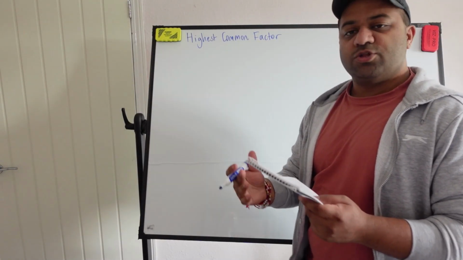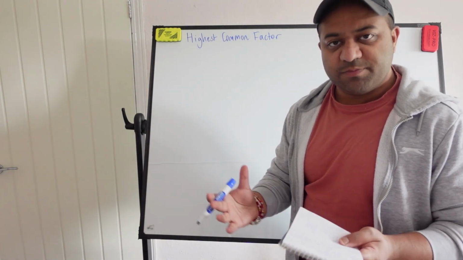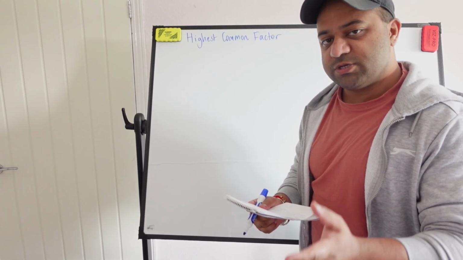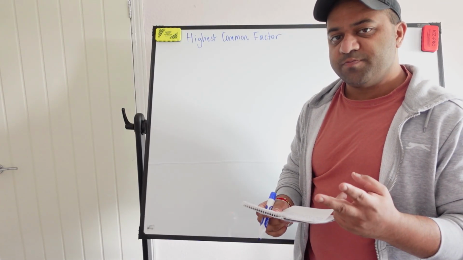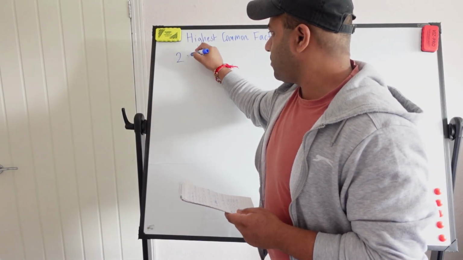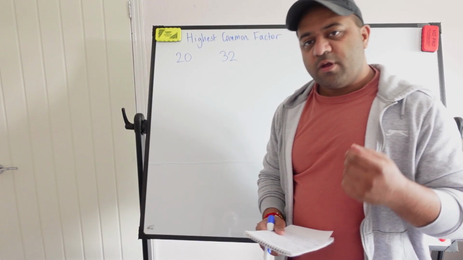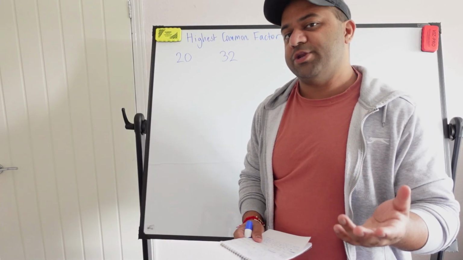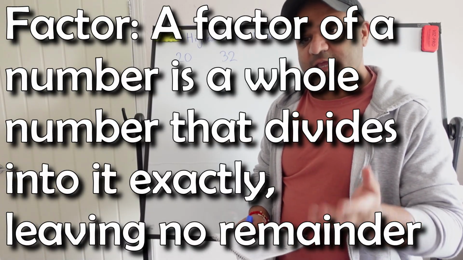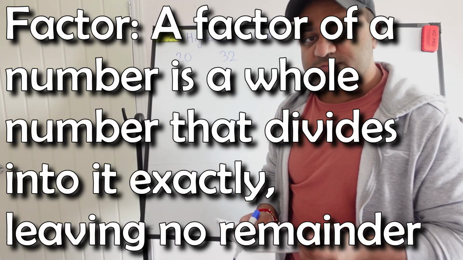Okay, so the word highest common factor simply means we're looking for a number that goes into two numbers and it's the biggest one. So, the word factor we should already know from our previous video. It's a number that goes exactly into another number with no remainders.